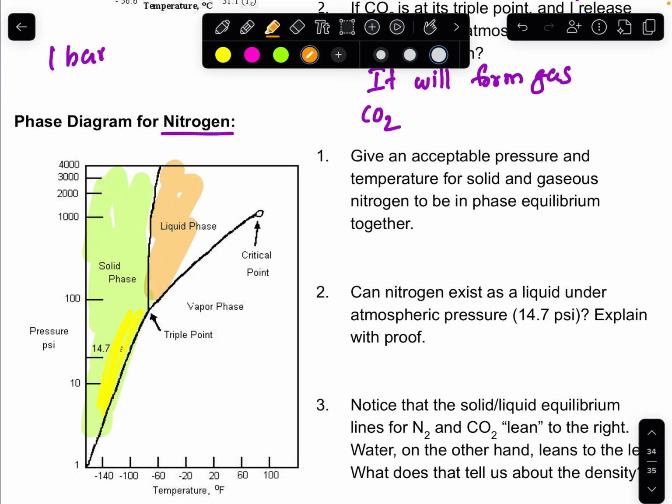Liquid is here. Okay, you can pick any value from these lines. So you can pick any of the values from the line where they are in equilibrium to each other. Okay, so get one of the values.